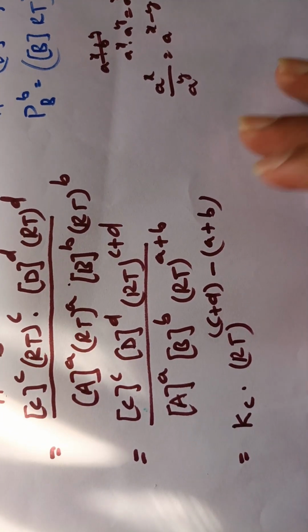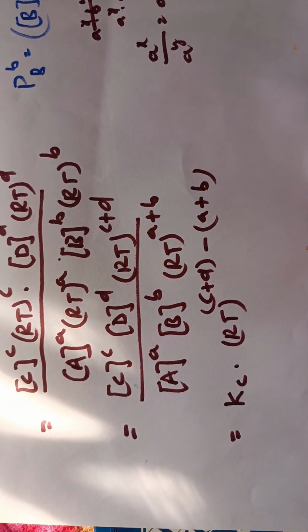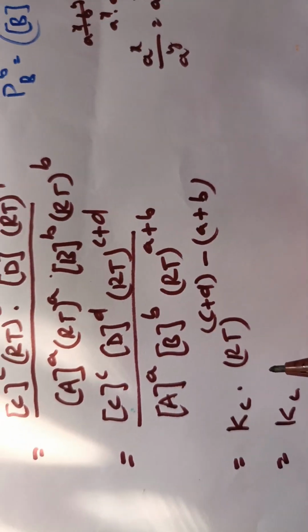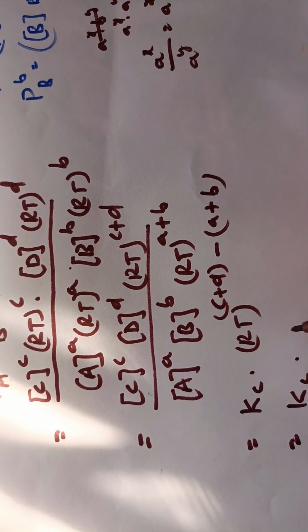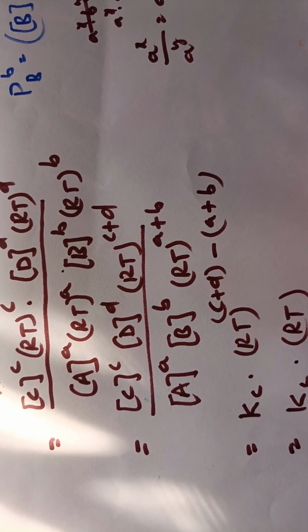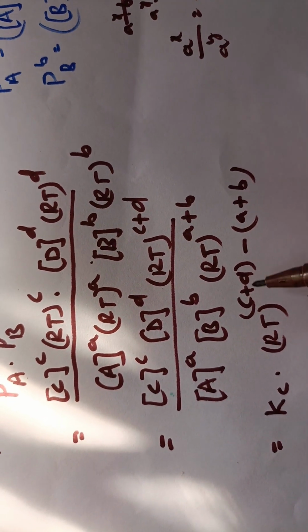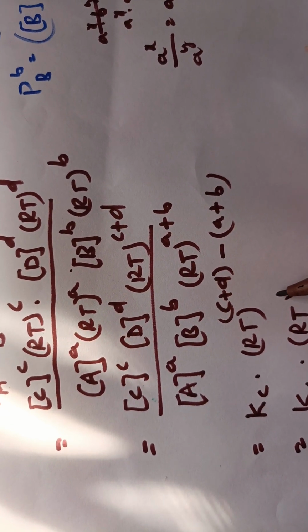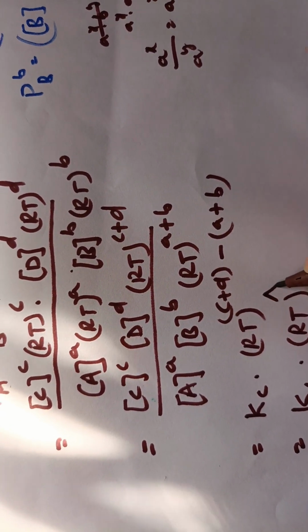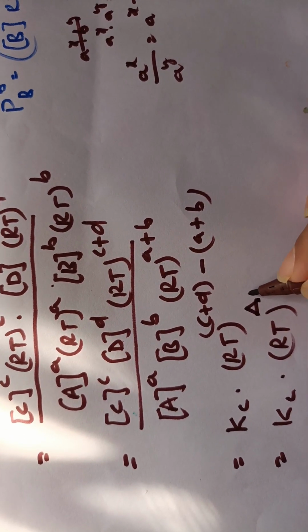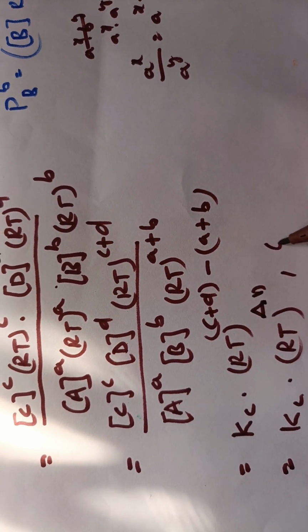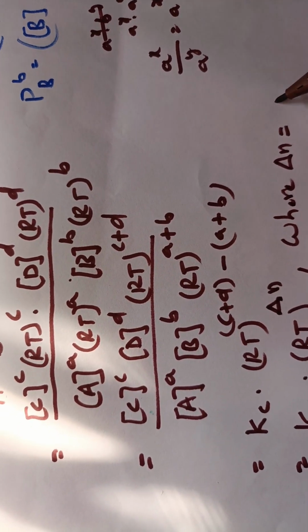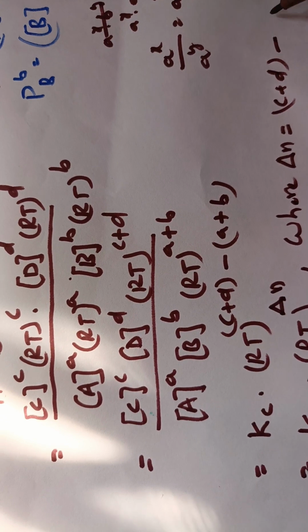Okay, this is the next, Kc into RT power. All these values just simplify and replace with delta n, where delta n equal to c plus d minus a plus b.